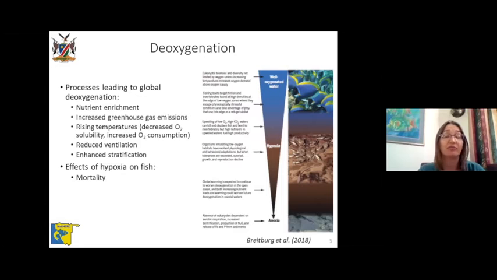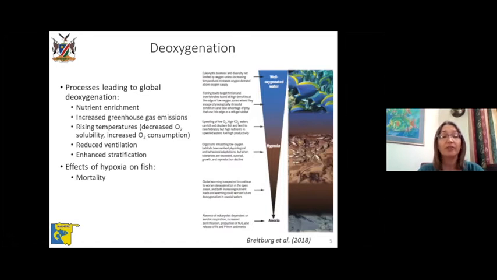Then you have increased greenhouse gas emissions. You also have, with global warming, rising temperatures in the ocean, which decreases oxygen solubility, and also leads to increased oxygen consumption. Then with these rising temperatures, you also have reduced ventilation. Your currents are becoming more sluggish in some instances, and you have enhanced stratification.